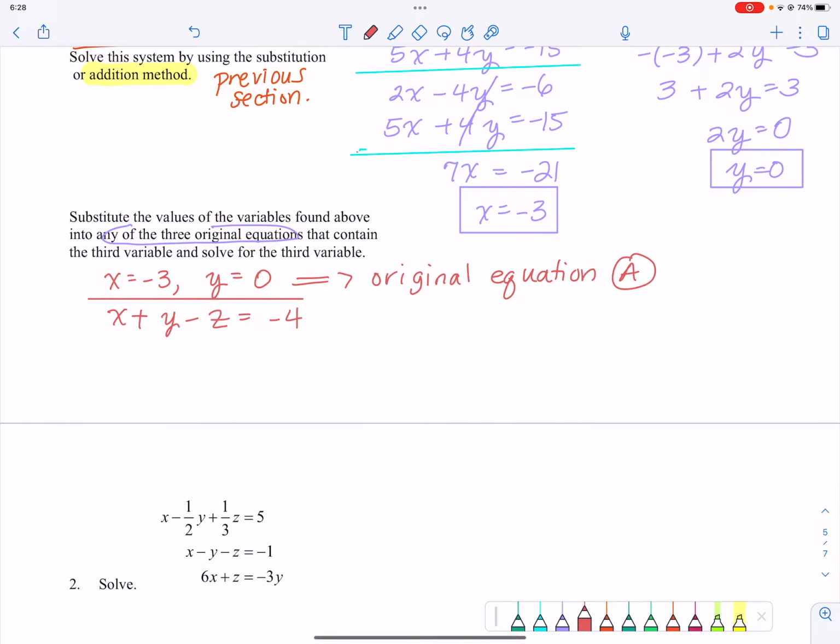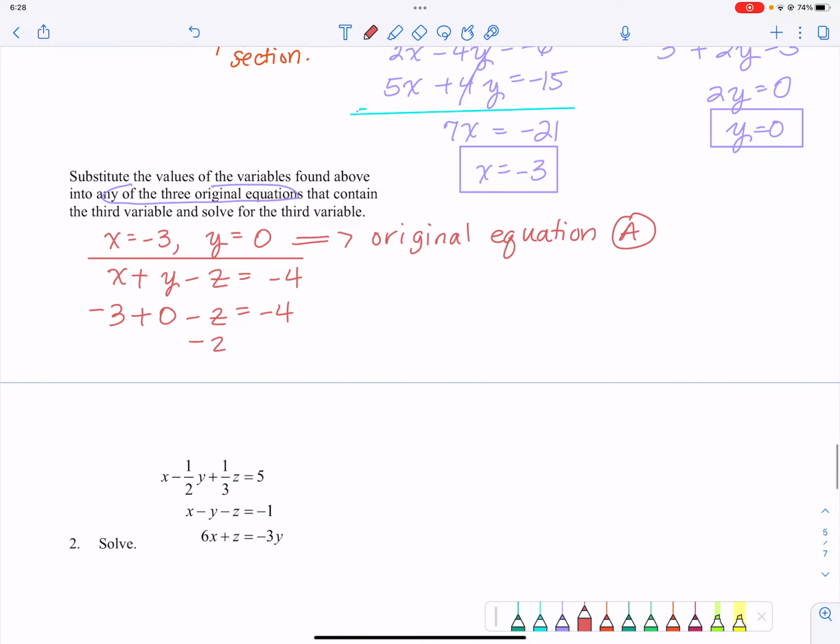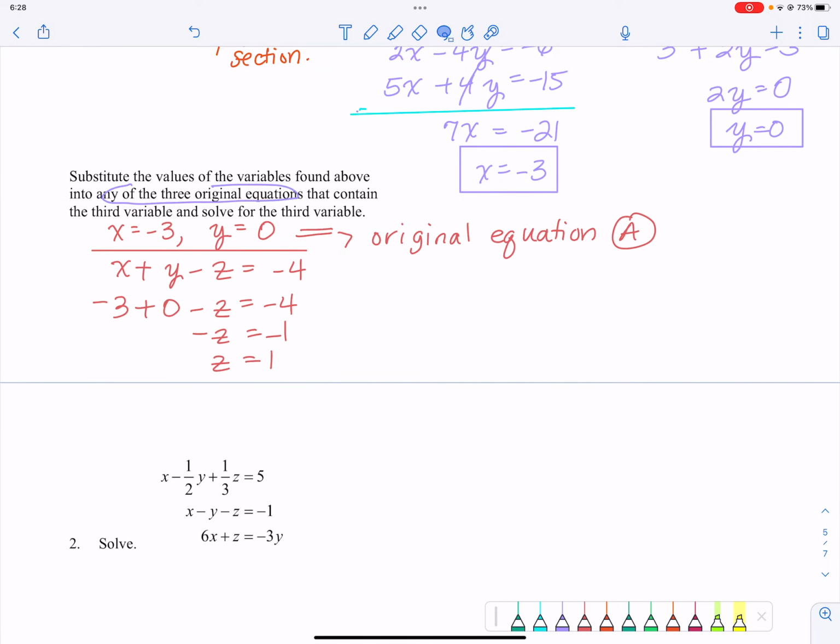So we have negative 3 plus 0 minus z equals negative 4. We have a negative z equals a negative 1. So z is equal to 1. Okay, so guess what?